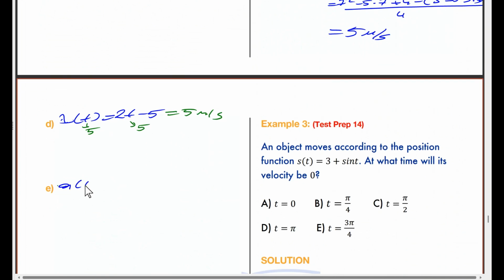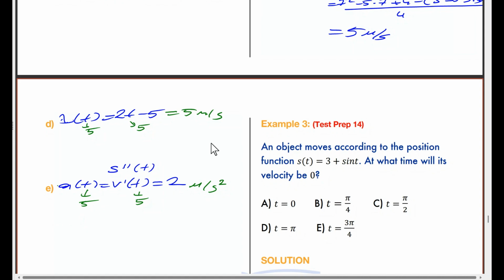Acceleration function can be found by taking derivative of velocity function or by taking second derivative of position function. So the velocity function was 2t minus 5. Just take its derivative, which is 2. We are looking for acceleration at 5. So no matter what the t is, since the result is constant, it is 2. So 2 meter per second squared this time.